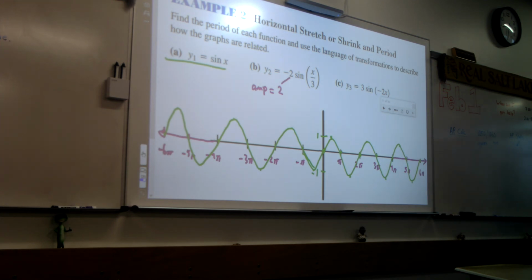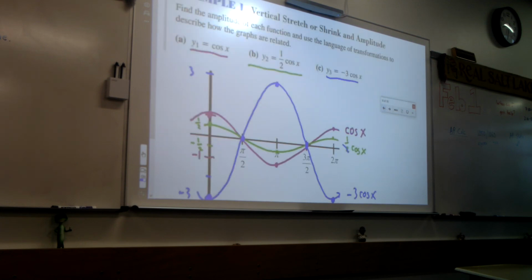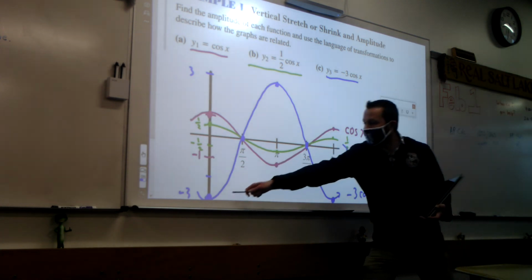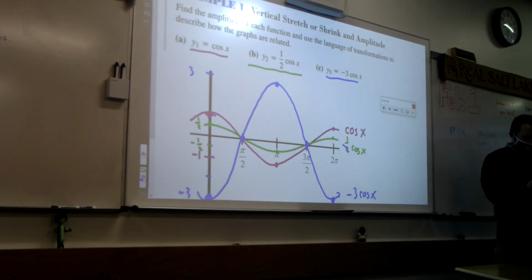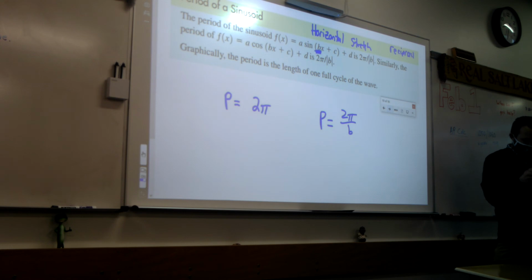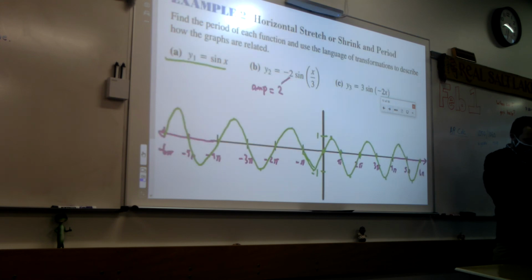What does the negative do? We kind of saw back on this one with the blue one, where we had that negative. We started at our minimum instead of at our maximum, so it kind of just flipped it over, right? So that negative is just going to reflect it over the y-axis, or we could just say it's going to flip it.